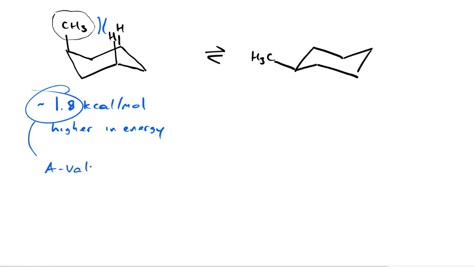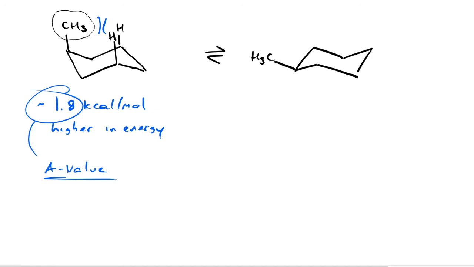I'm not going to go into that in more detail in this introductory video, but every group could in principle have an A value, which is really just the difference in energy between a cyclohexane derivative with that substituent in an axial position versus in an equatorial position. So the higher the A value, the higher the effective steric size of the substituent that you're considering.